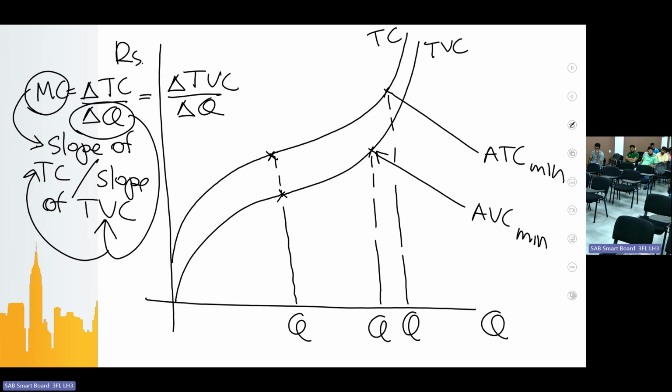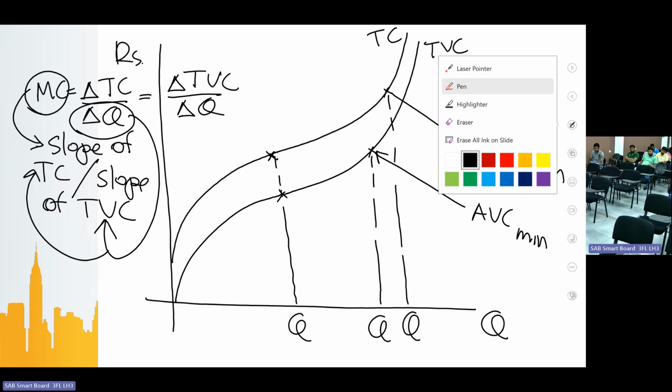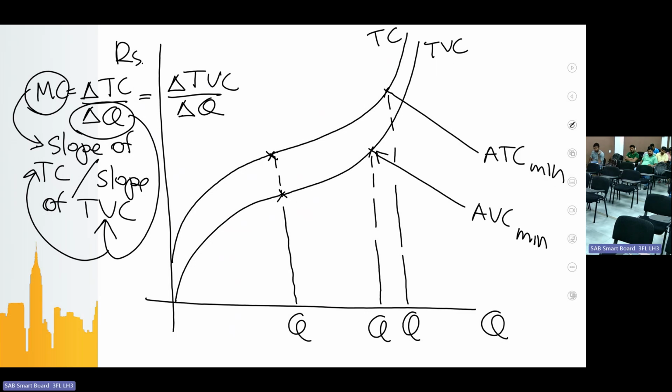So how to measure a slope of a curve? To measure a slope of a curve, we draw tangent lines.